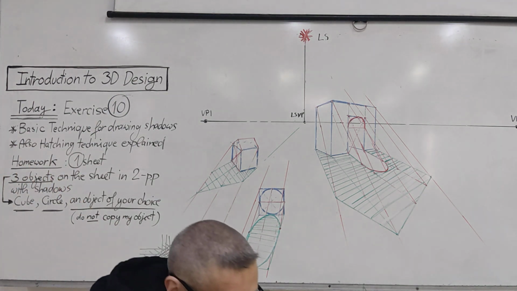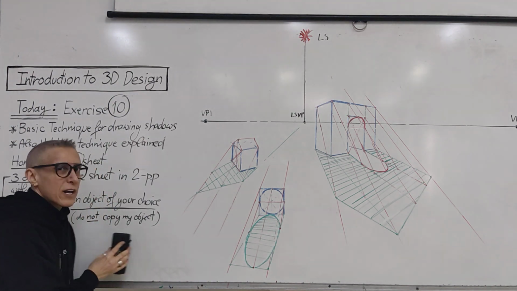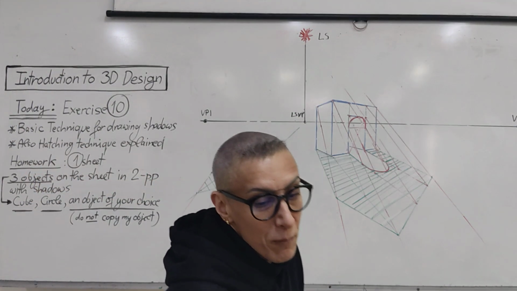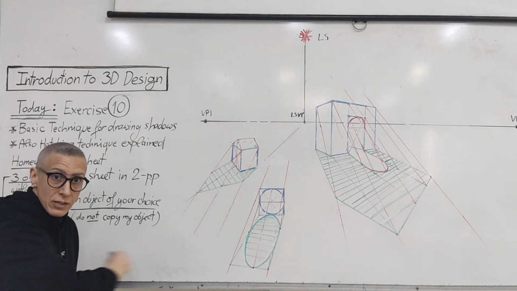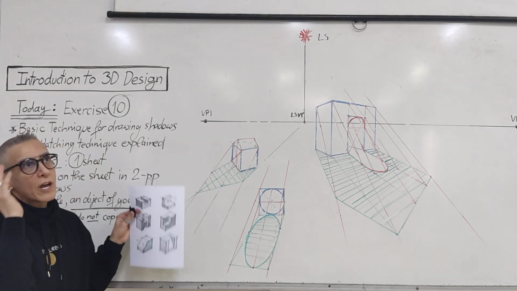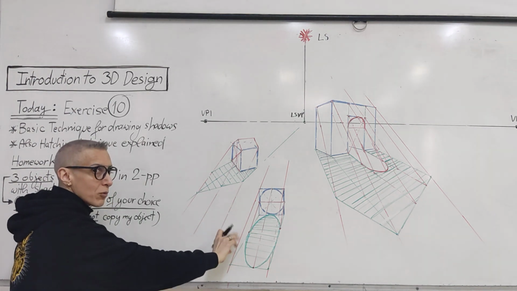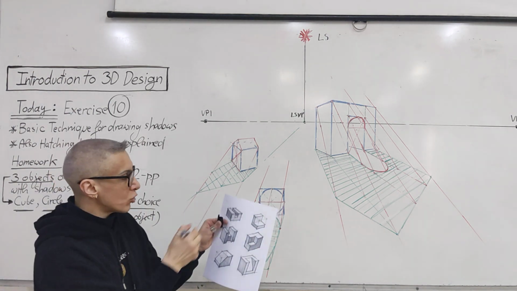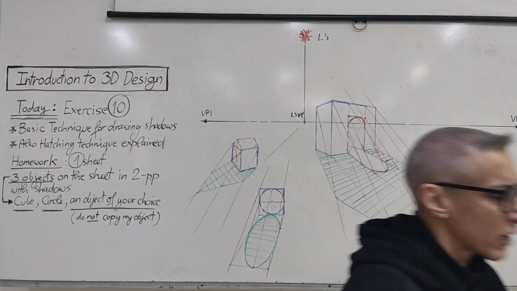However, you need to use as few lines as possible. If you overcrowd the object, it will become very bad looking. So if I can do it just with one line in one direction, fantastic. And I just vary the spaces with the lines. This is enough. You don't need to hatch and make the objects too dark and overcrowded.